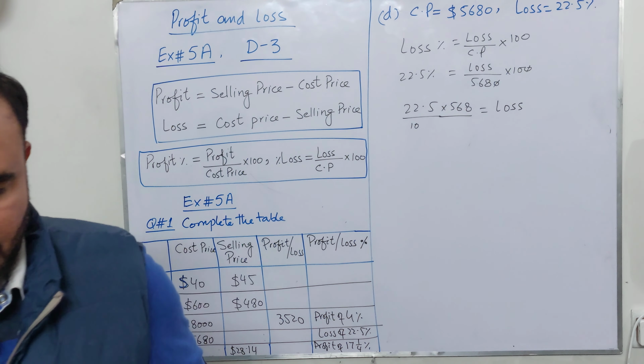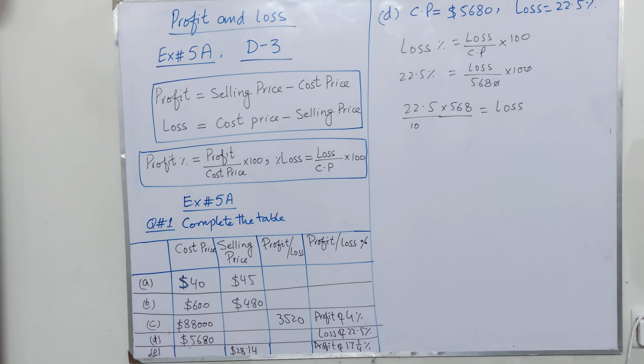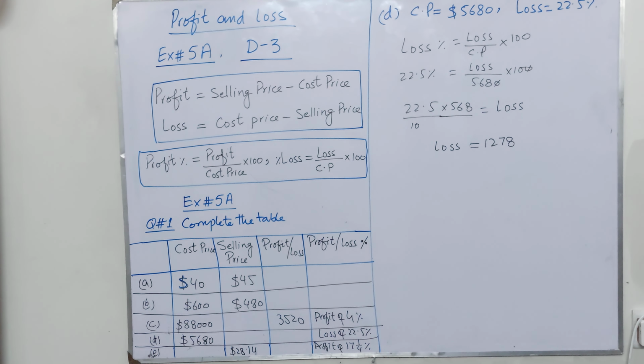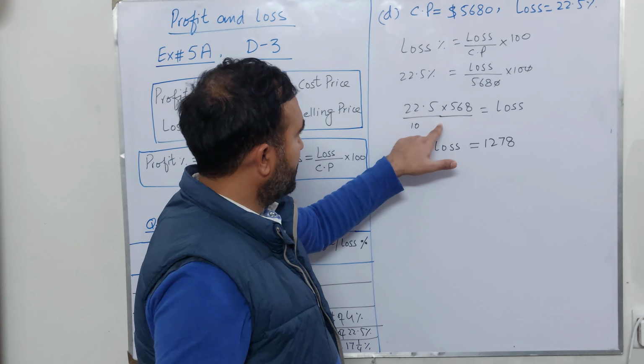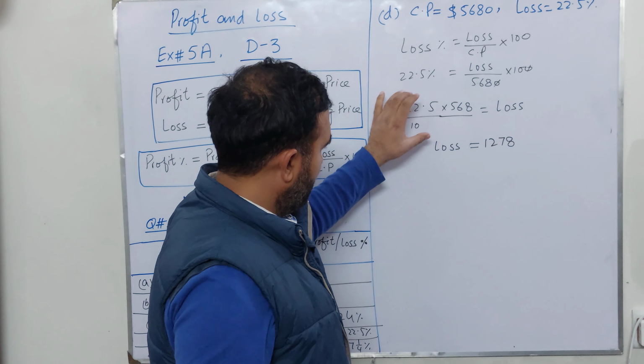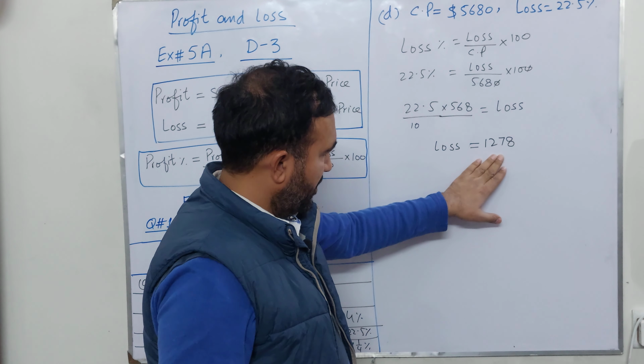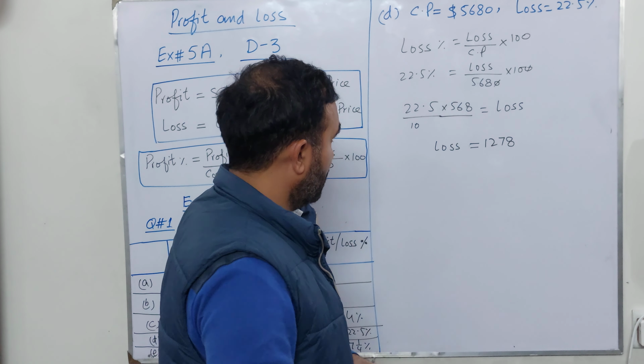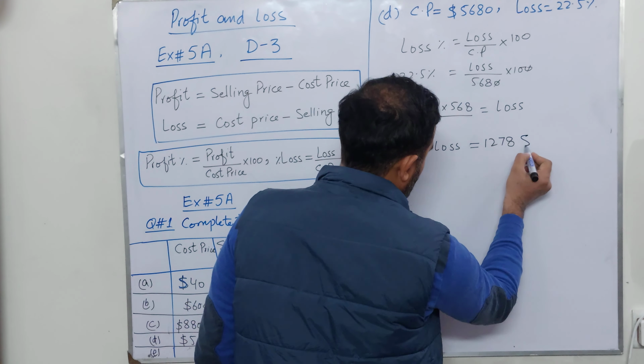So let's use the calculator. Okay, so using the calculator we found that loss is equal to $1278. So that is loss, right?